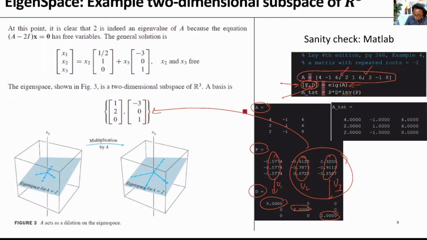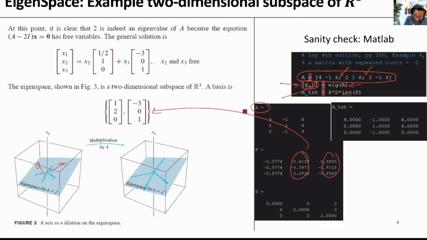So why are they not the same? Remember, eigenvectors can be anywhere along this blue plane. So if you check carefully, these 2 vectors are definitely on this blue plane. And why are there all these funny numbers? Because the norm of this vector is 1. Okay, so MATLAB gives you normalized eigenvectors.